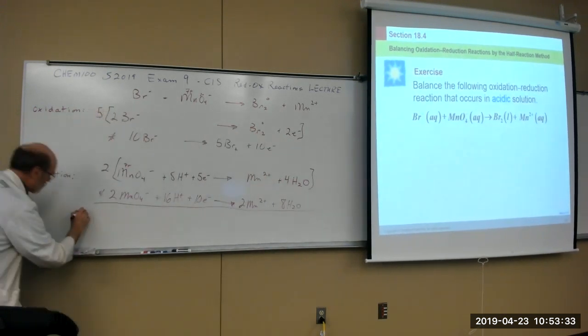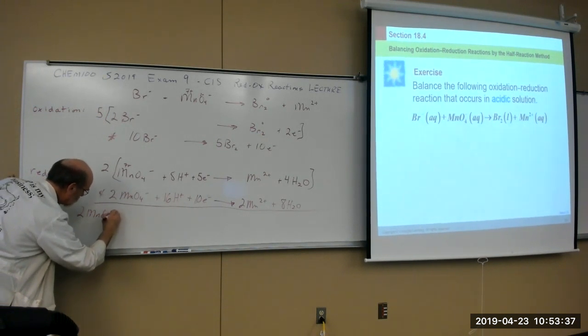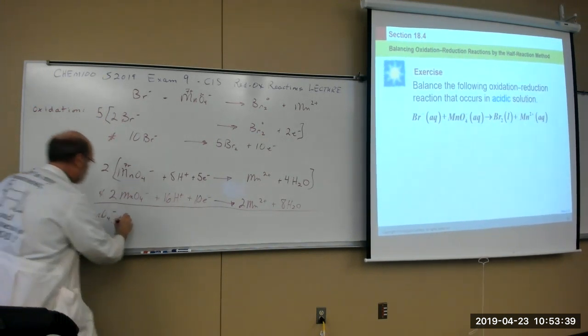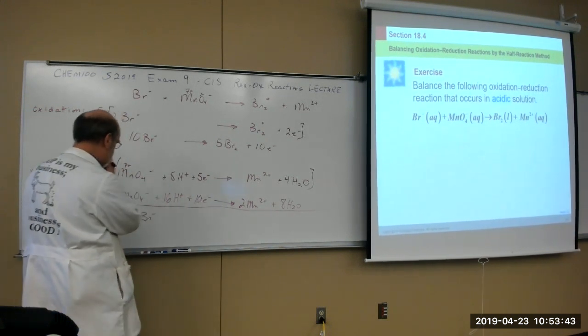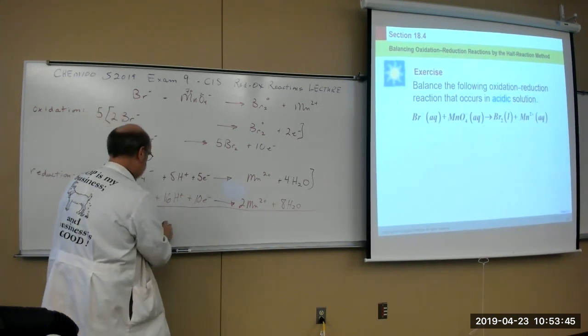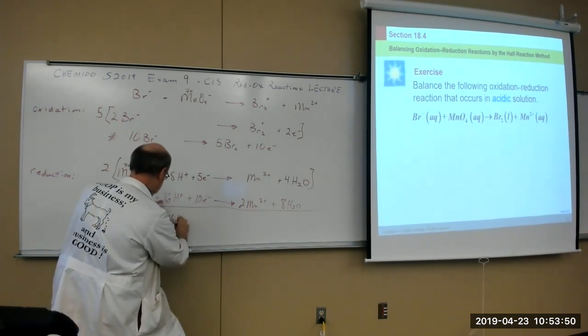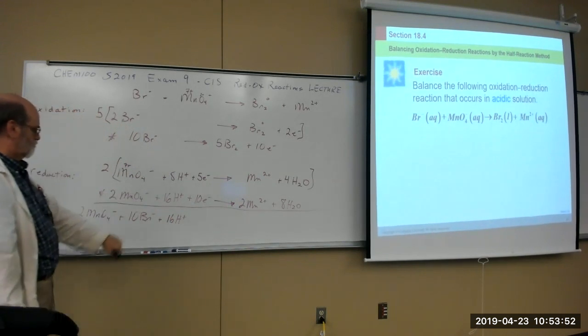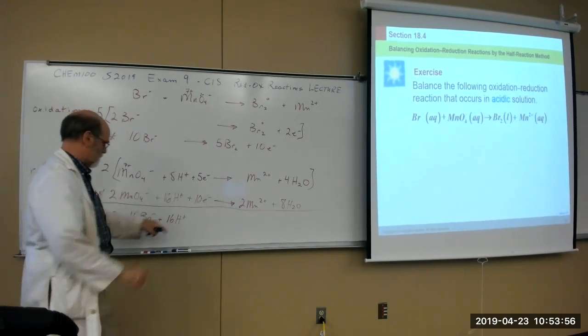So we've got 2 permanganate ions plus 10 bromide ions plus 16 protons. 1, 2, 3. 1, 2, 3.